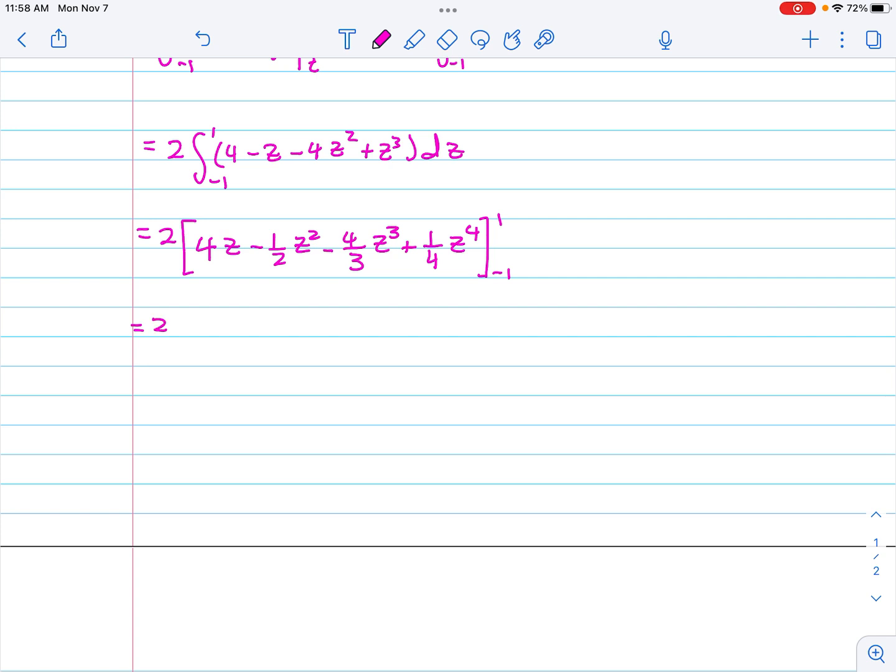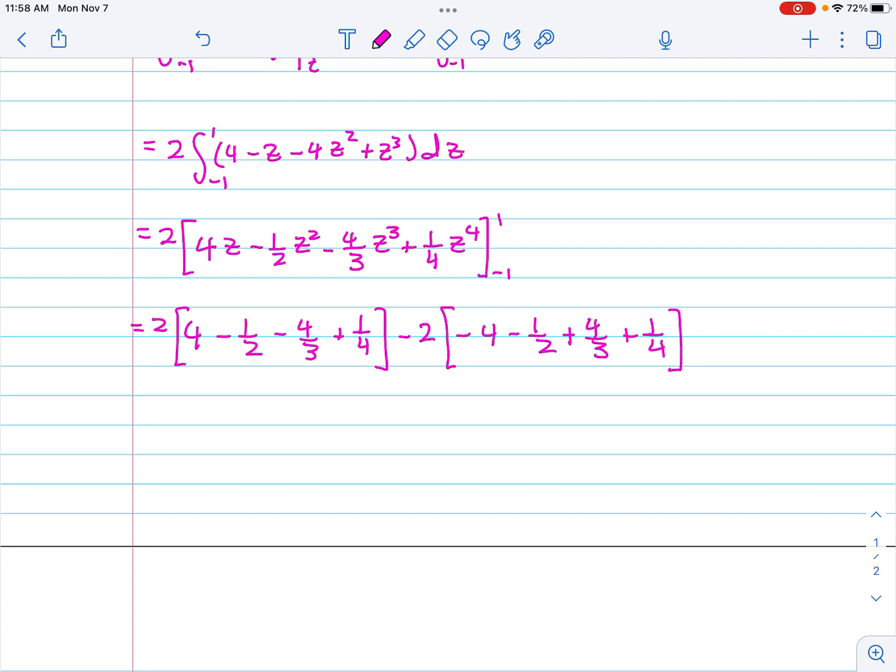Here we go. 2 times, let me put in a 1. 4 minus 1/2 minus 4/3 plus 1/4, minus, put in a negative 1. Negative 4 minus 1/2 plus 4/3 plus 1/4. Okay? So that is when the z is negative 1.